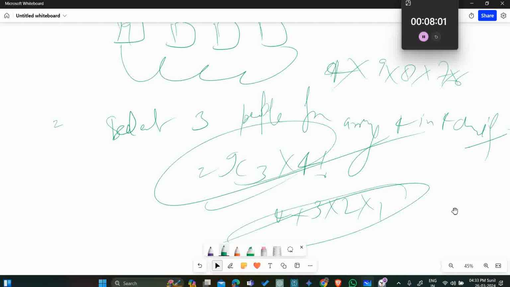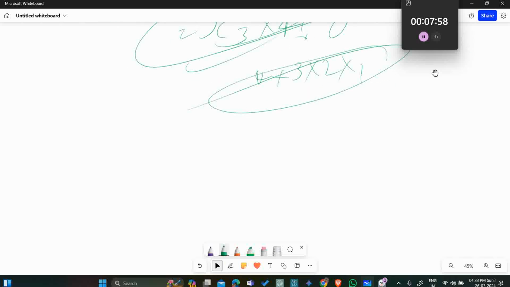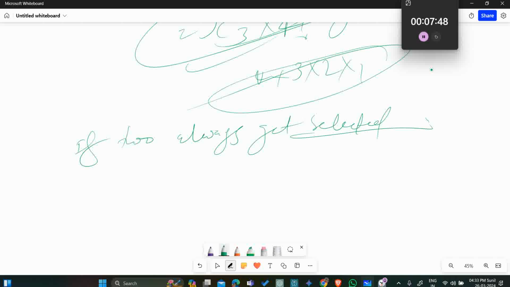And what we can do, if 2 always get selected, is 8C4 into 4 factorial, like that arrangement.